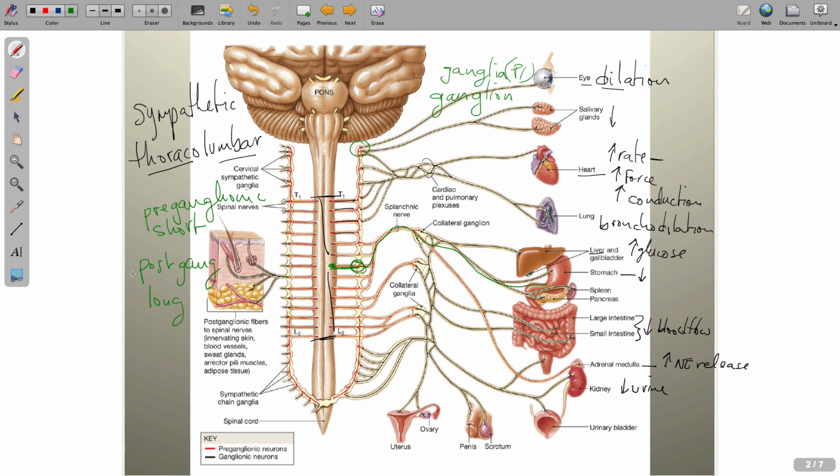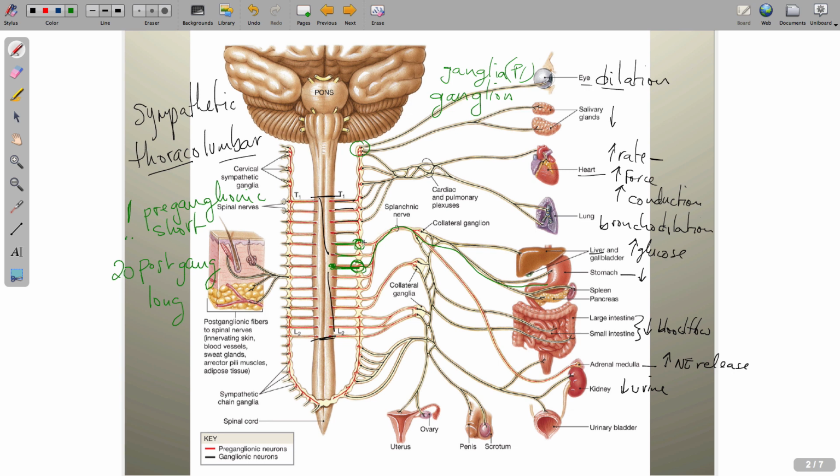The other thing you'll need to know is that for every single preganglionic fiber that exists, there are about 20 postganglionic fibers that depart. So, sympathetic nervous system, preganglionic, that's this area here, short fibers. Then you have the ganglion, which makes all the connections between the pre- and postganglionic fibers.